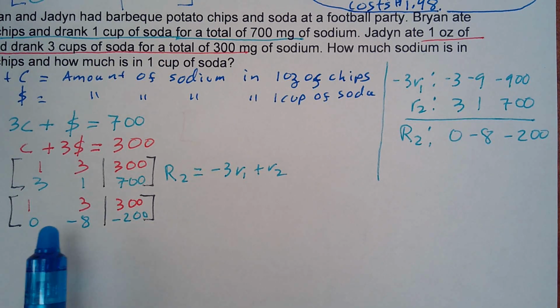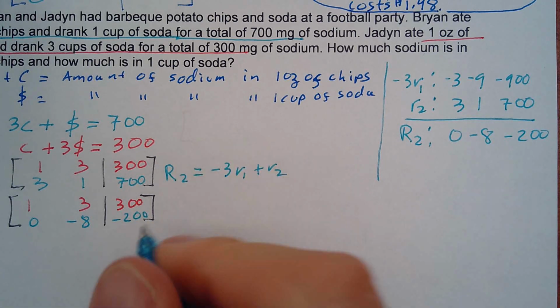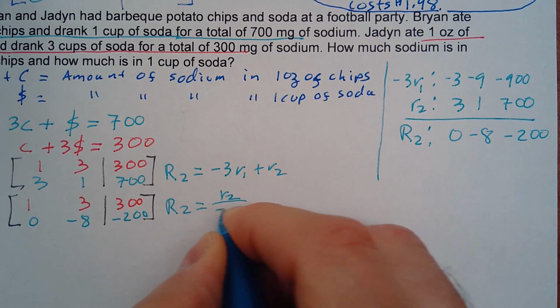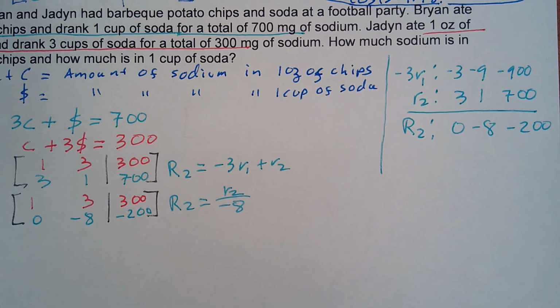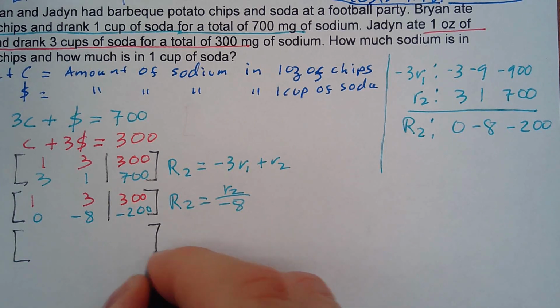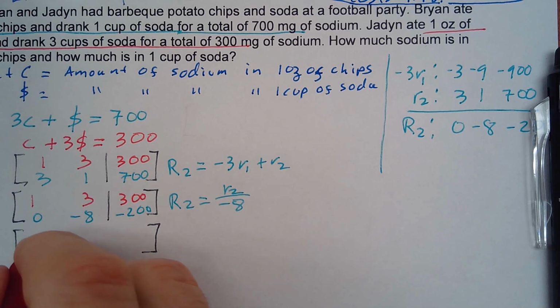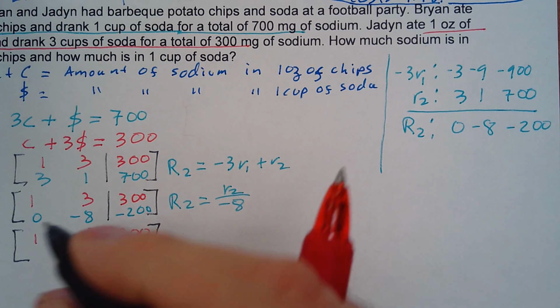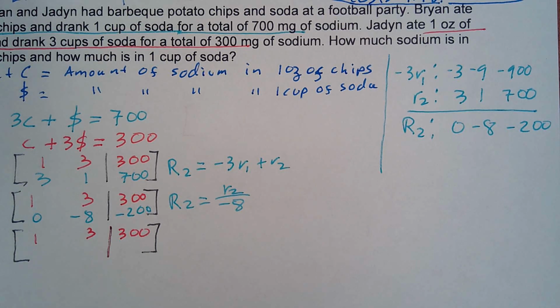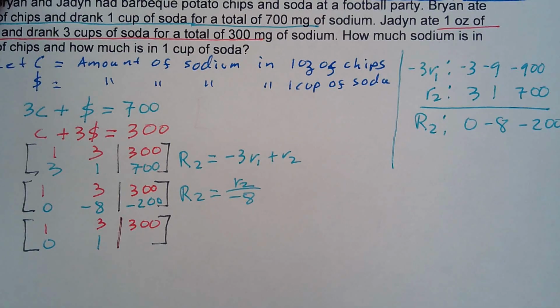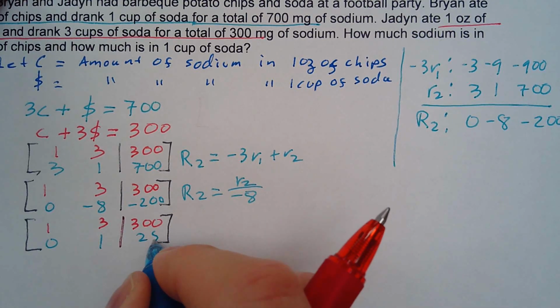My next step is I need to make this a 1, so I'm going to divide everything in row number 2 by -8. And so row 1 stays the same. This becomes 0, 1, -200 divided by -8 is 25.